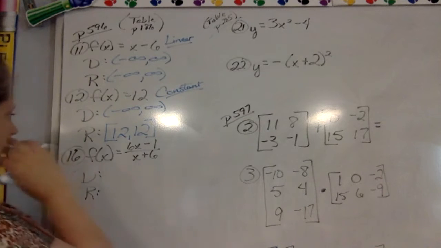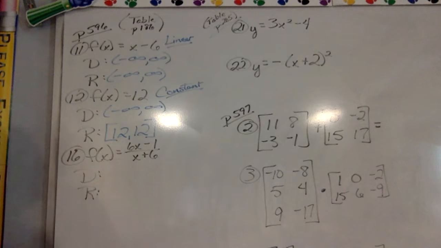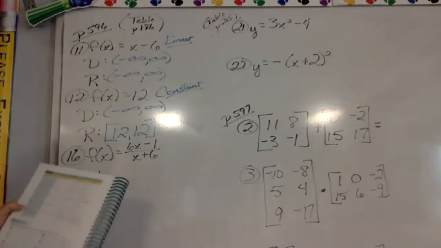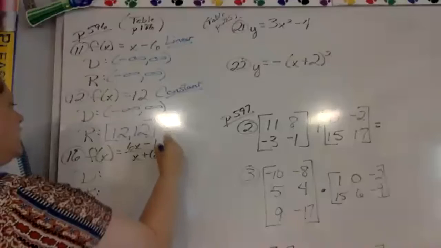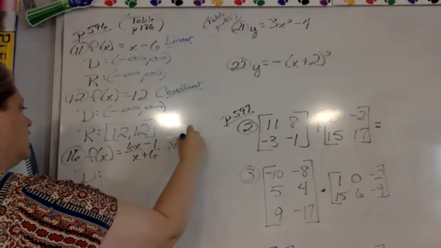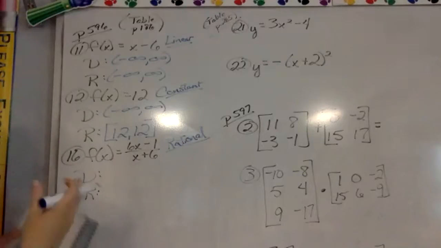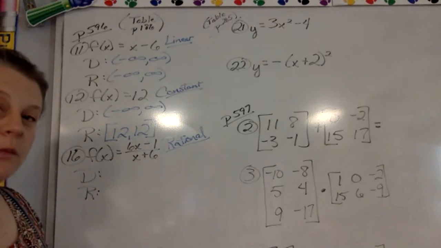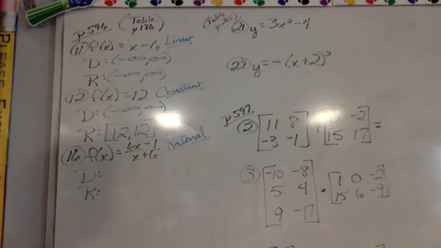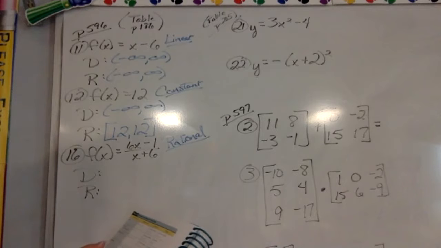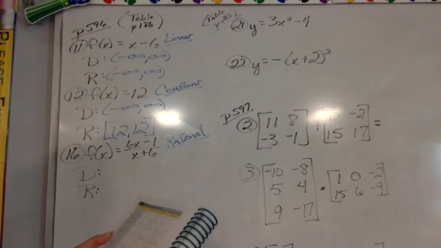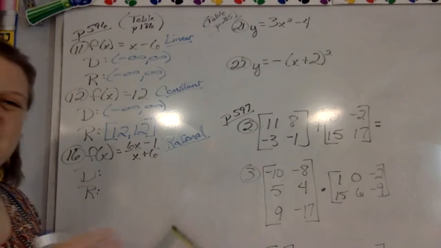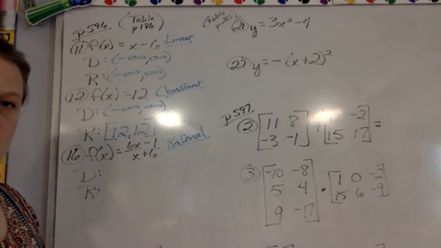Now, if we look at this one, which type of function is it? Rational. Okay, so it's a rational function. So we've got to read our rules for that. On the rational function, this one was a little bit more complicated. Okay, it says our domain is all real numbers except when the bottom is equal to 0. Because can you have 0 in the denominator of a fraction?